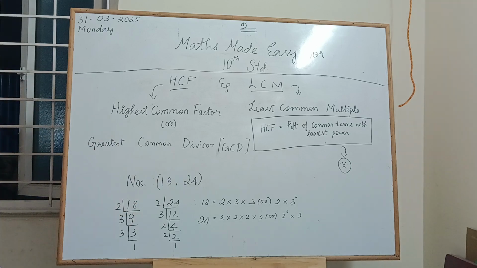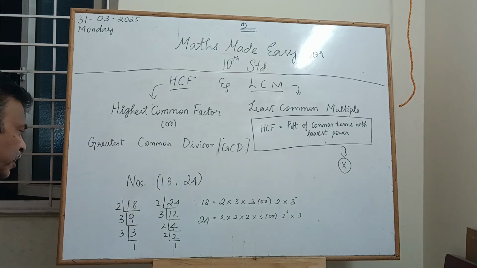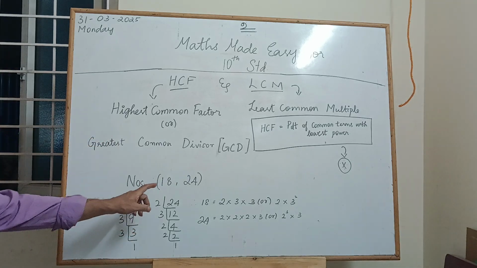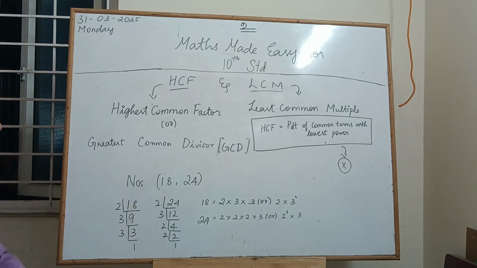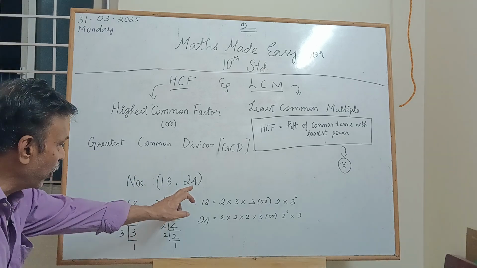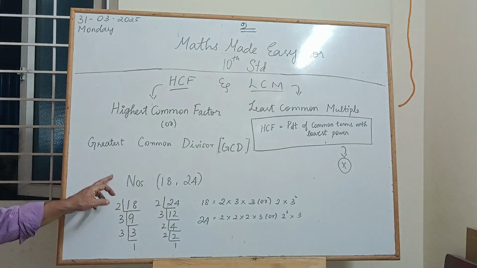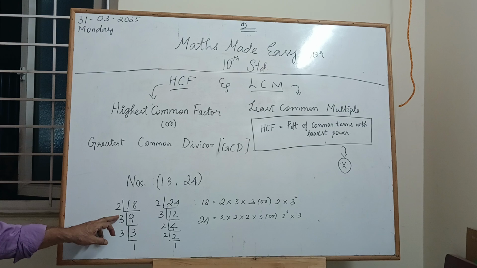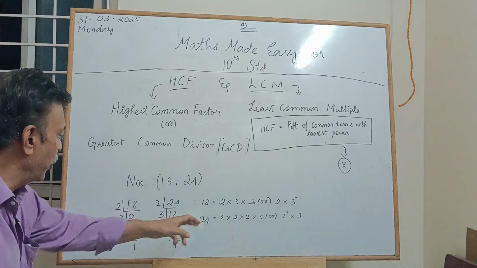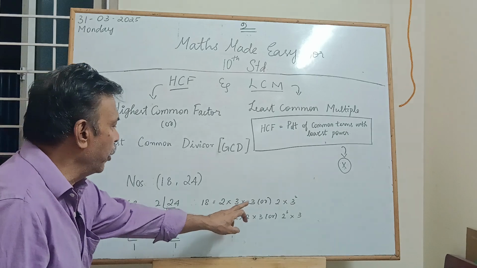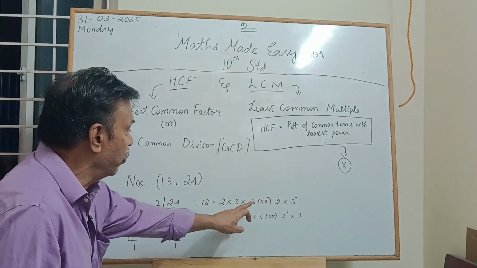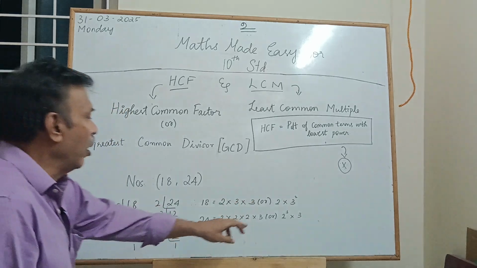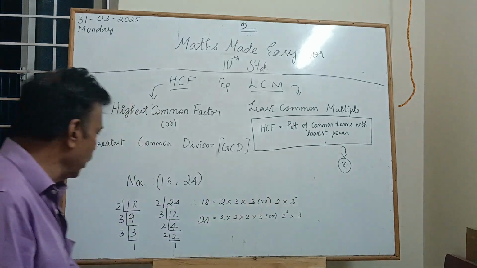In the last section, I told you this is a composite number and this is also a composite number. Now we divide 18 by 2, we get 9. 9 divided by 3 gives 3, 3. So 18 is equal to 2 into 3 into 3, or 2 into 3 squared.